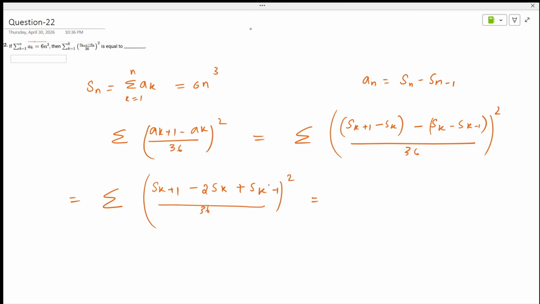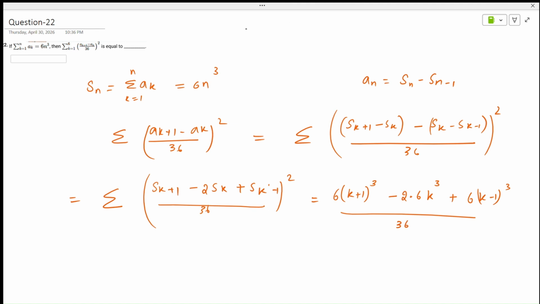What is S_{k+1}? That is 6 into (k plus 1) whole cube, minus 2 into 6 into k cube, plus 6 into (k minus 1) whole cube, by 36.